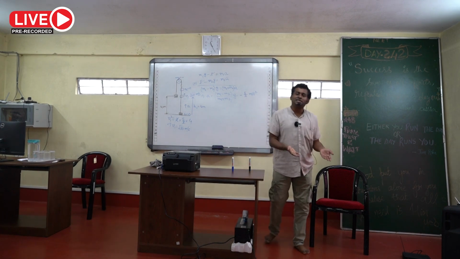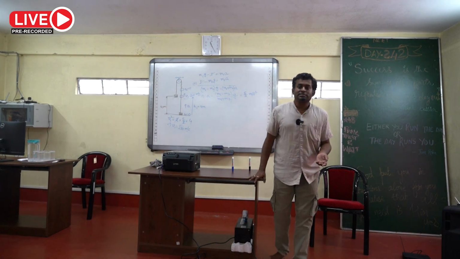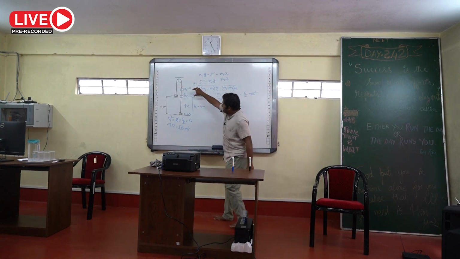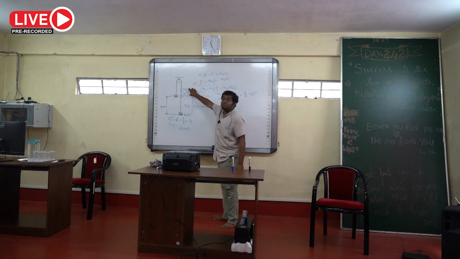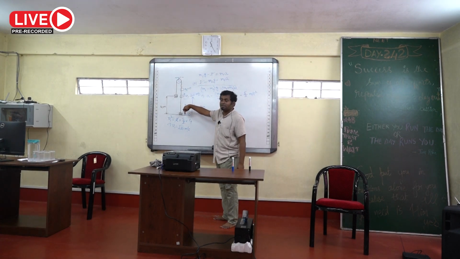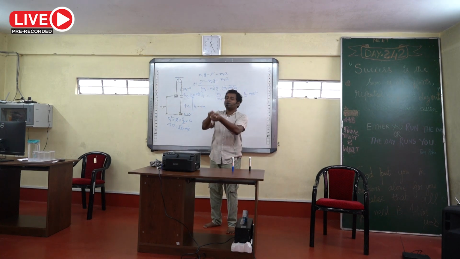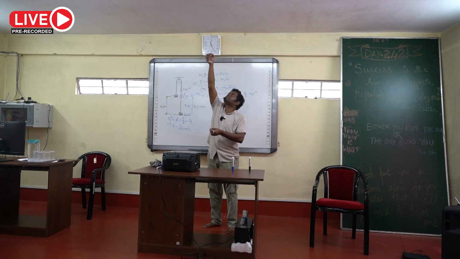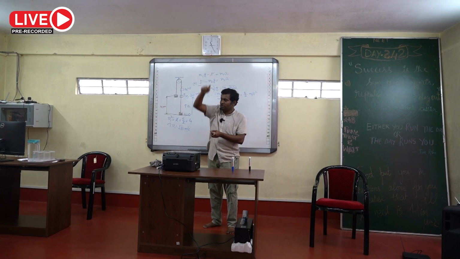And if tension is not given, this mass in this position is moving under only gravitational force. Gravity is in which direction? So it is just like some particle is thrown with a velocity v1 upward. Due to gravity, at a certain distance its velocity will become 0 and then it will fall.